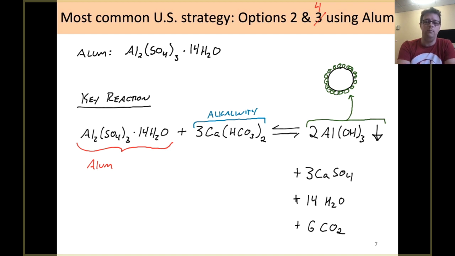The one that we use the most is this approach that I'm showing on this slide, where we're adding alum. And your textbook certainly reviews other metal salts that can be added to the water, but on the basis of cheapness and effectiveness, alum is far and away the standard in the US right now.